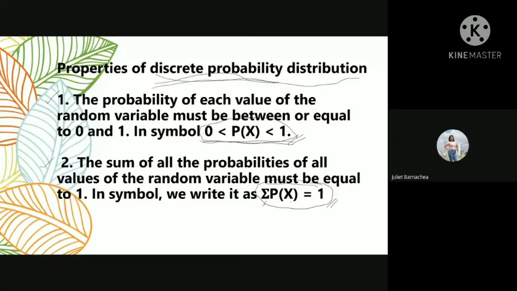Kung na-test mo na greater than 1 na agad ang kanyang probability value, hindi na siya discrete probability distribution. Hindi mo na kailangan mag-test nito. Kung na-test mo naman at pasok ang mga value ng probability sa range na to, kailangan mong i-test ang pangalawa. Lahat ba ng probabilities na nabanggit ay ang sum ay 1 lang? Kung oo, yes, it is a discrete probability distribution. Kung hindi, it is not a discrete probability distribution.